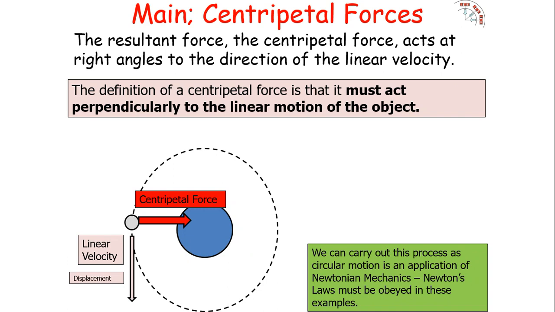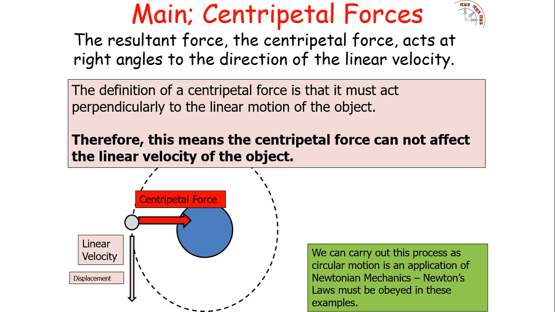Now, the resultant force, the centripetal force, as well as acting towards the center of the circle, we also defined that it must be acting perpendicular to the linear motion of the object. Again, we're carrying out an application of Newton's laws. This means that if it is acting perpendicular to linear motion, the centripetal force cannot affect the linear velocity of the object.